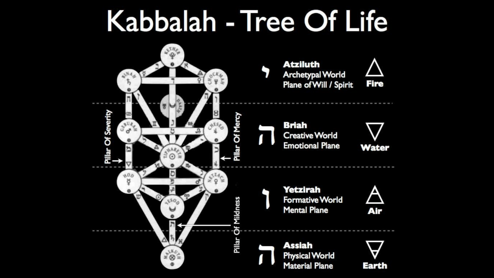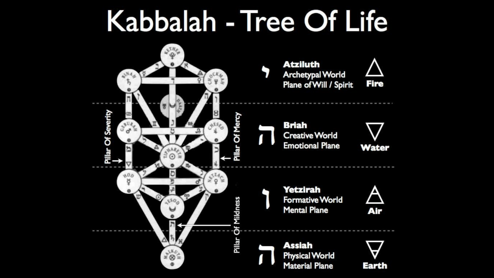So the pillar of severity we shouldn't look at as something that is dark or evil. It is internal. These are internal or yin qualities of the individual. The pillar of severity on the left-hand side is the lunar pillar. The pillar of mercy on the right-hand side is the solar pillar.